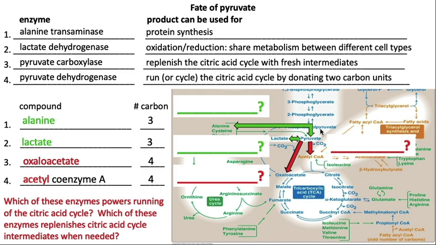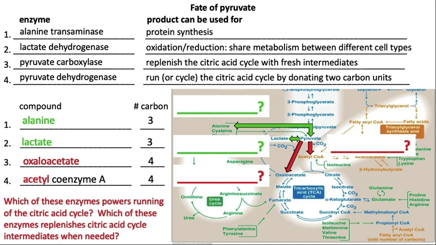An important distinction is that pyruvate carboxylase is the first step of gluconeogenesis. So that's important. It's also important to know that pyruvate carboxylase is also used to replenish citric acid cycle intermediates.